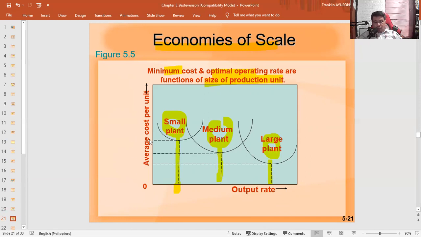But then again, we also take into consideration the average cost per unit. Operating a smaller plant will give you lesser output at this average cost per unit. While operating a medium plant, hypothetically in this example, will give you this average unit cost with this level of output. But in this hypothetical example, operating a larger plant, sinasabi, mas napapababa natin yung ating average cost at mas marami tayong napoproduce.